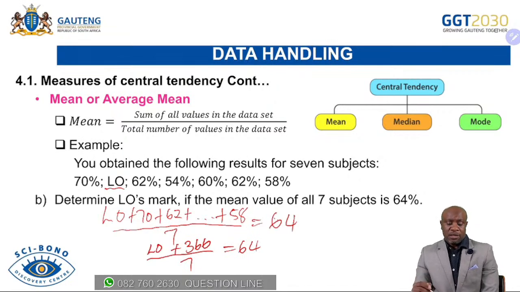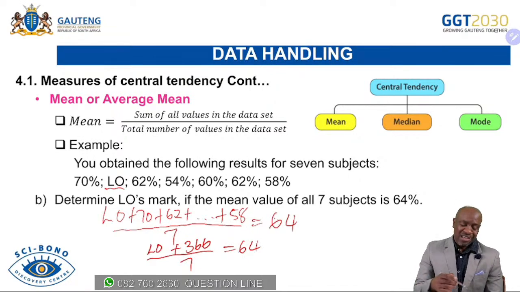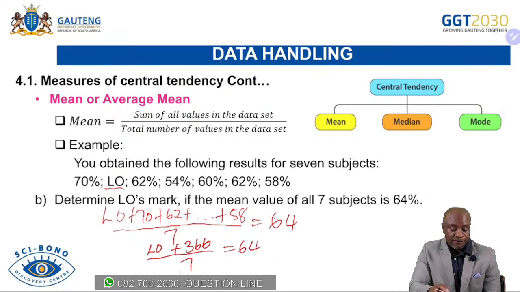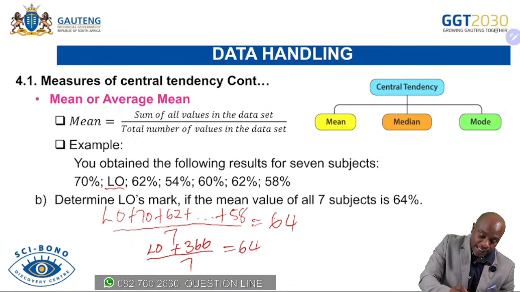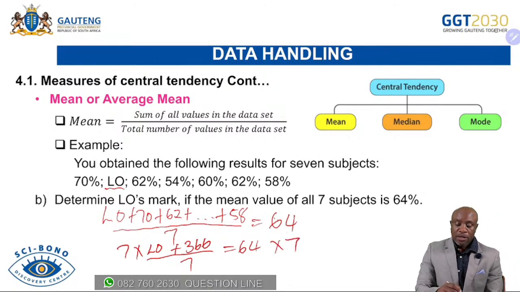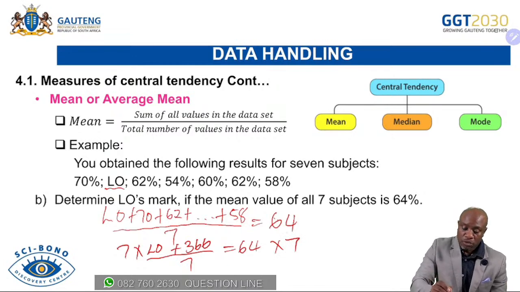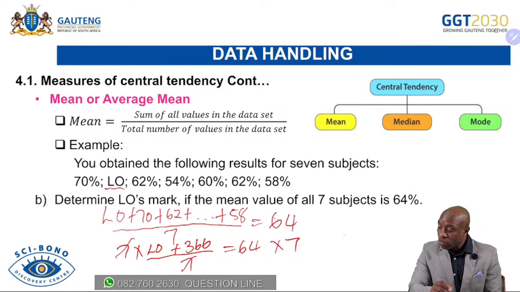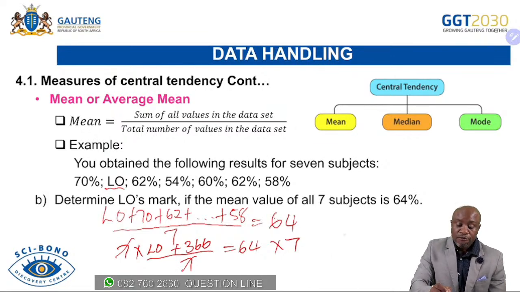And we said, let's look at how we can reverse this, because we have divided there by 7. For us to reverse division, we need to multiply. We said we multiply both sides by 7. And once we do that, we will have this 7 cancelled, and 7 times 64 will give you the 448.